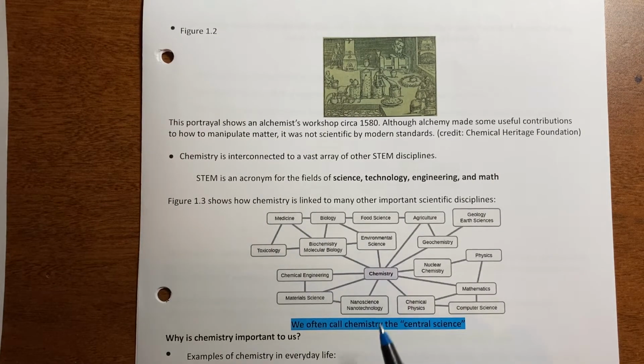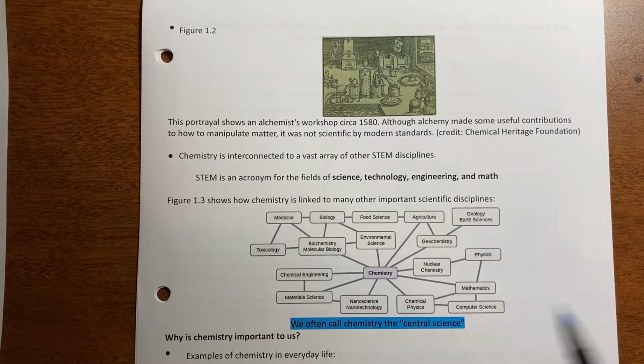Chemistry is called the central science because it pretty much influences everything else. Since chemistry is the study of matter, and matter is essentially everything, you have to know a little chemistry to pretty much do anything in the sciences, whether it's physics, even math.